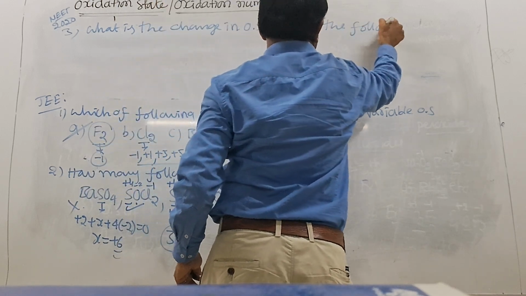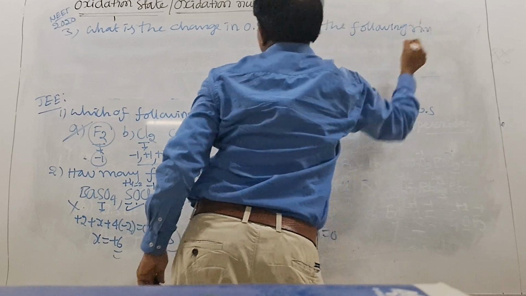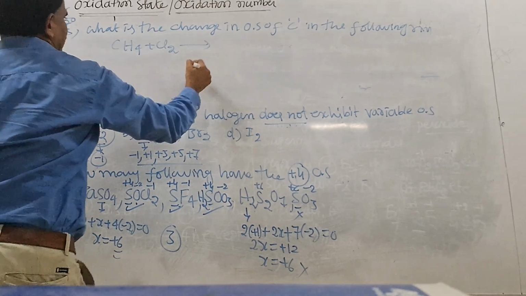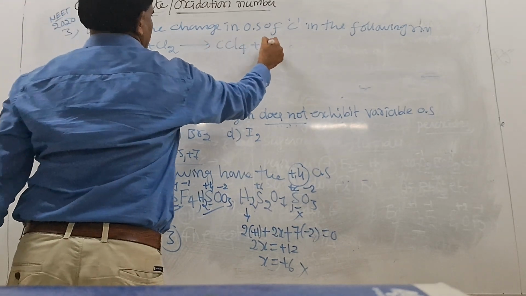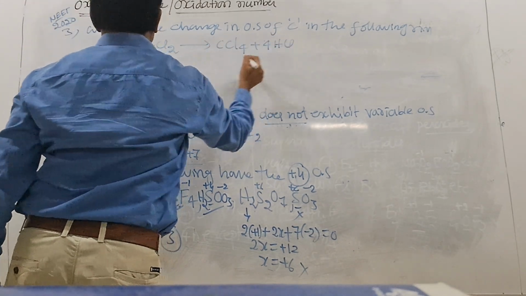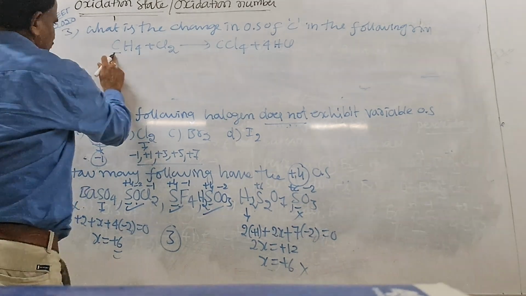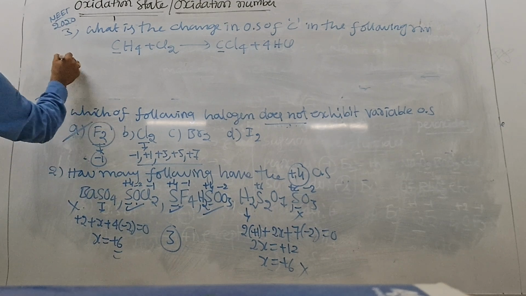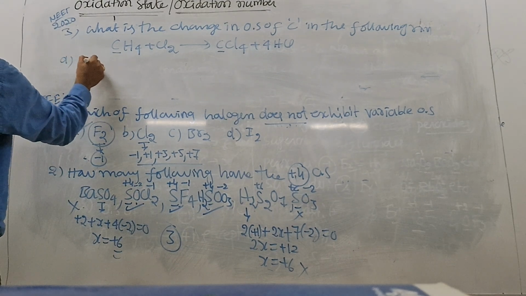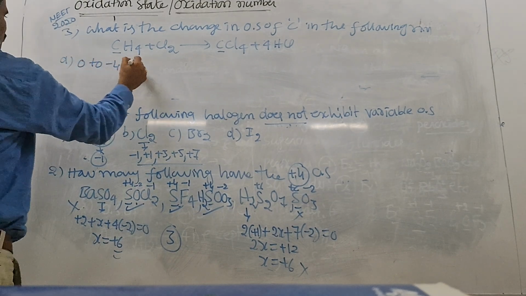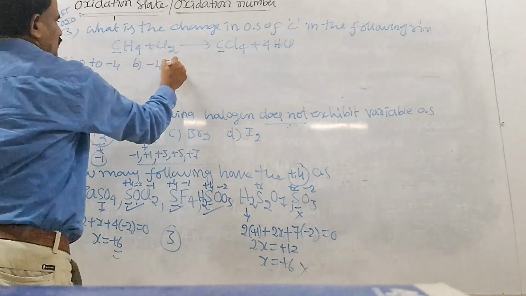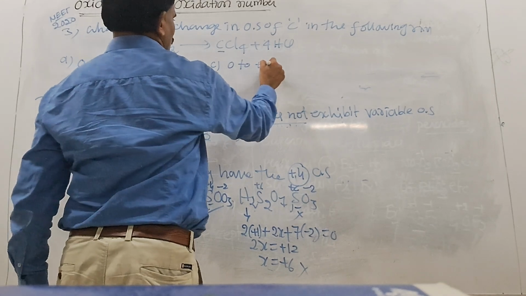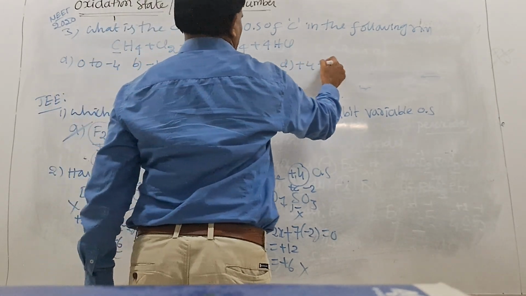The reaction given here: methane reacts with chlorine to give CCl4 plus 4 moles of HCl. Now what is the oxidation number of carbon in methane and carbon in carbon tetrachloride? The given options: option A 0 to -4, option B -4 to +4, option C 0 to +4, and option D +4 to -4.